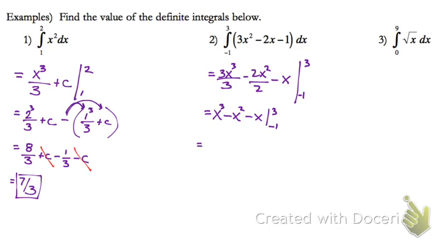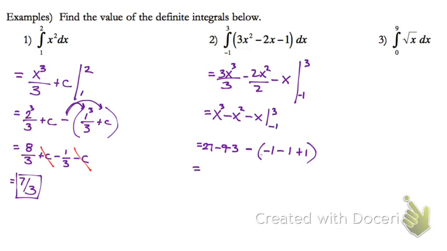If I evaluate at 3 first, I get 3 cubed is 27, minus 3 squared, which is minus 9, and then minus 3. And don't forget the fundamental theorem of calculus has a big old subtraction in the middle. It's F of b minus F of a. If I plug in negative 1: negative 1 cubed is negative 1, negative 1 squared is positive 1, so that's minus a positive 1. And then for the negative x, if I plug in negative 1, I get plus 1.